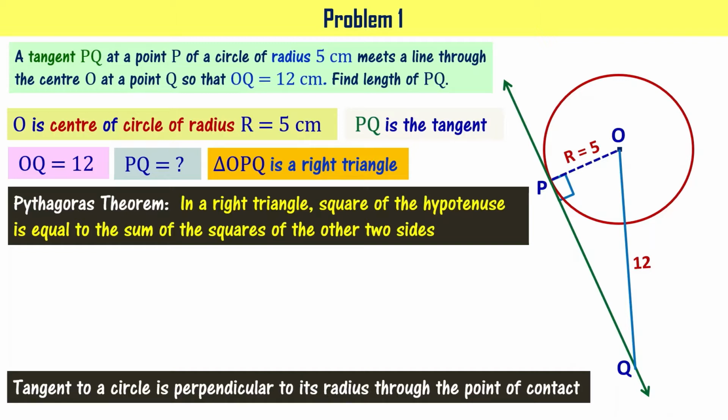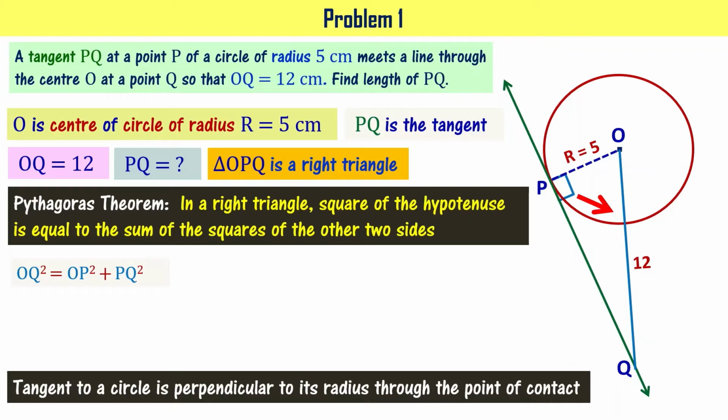In a right triangle, the square of the hypotenuse is equal to the sum of the squares of the other two sides, right? That is what is called Pythagoras theorem. In this particular case, since angle P is 90 degrees, the line OQ is the hypotenuse of the given right triangle, right? Now let's apply Pythagoras theorem to this triangle.